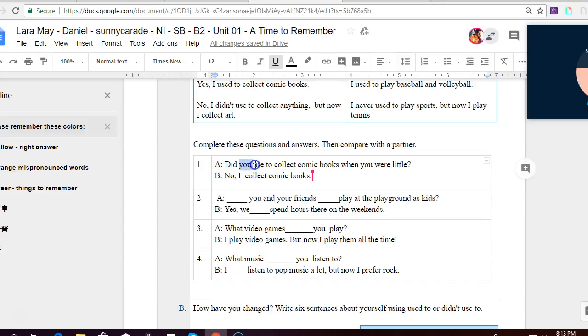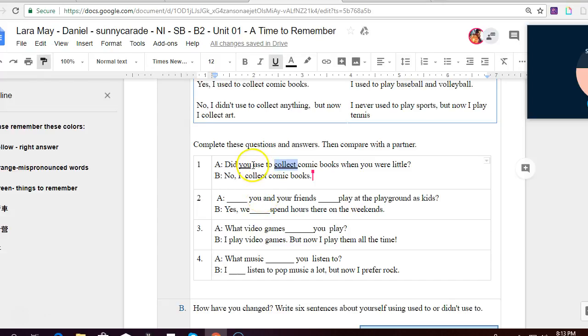What will be the word before the word you? This one. What is the word before you? Good. Always remember that, okay? And before the verb, what will be the word?